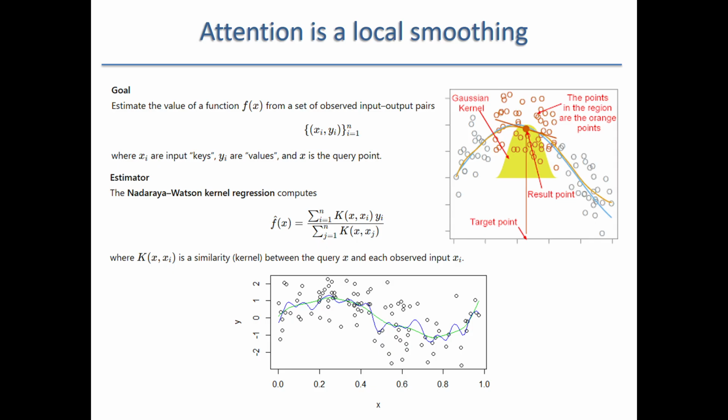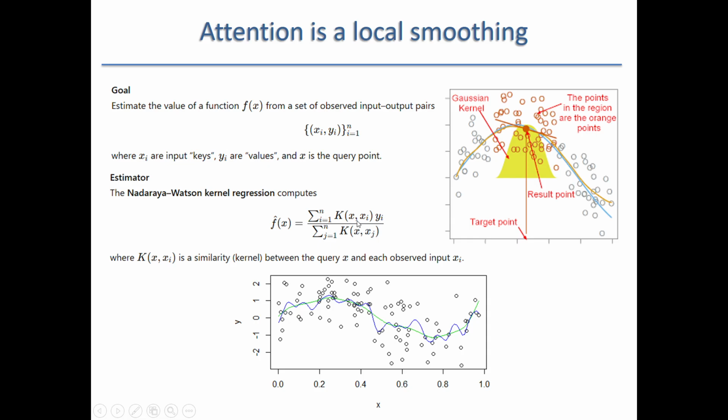So for any point here that would be our query, we want to predict the value of this function given these samples of that function. So given those samples, for this point what we will do is a local average of those points.